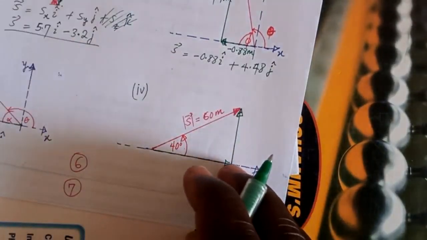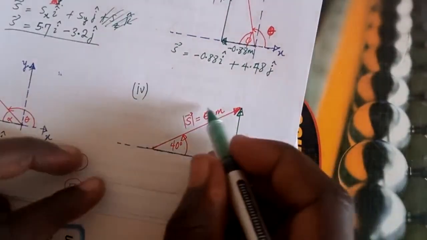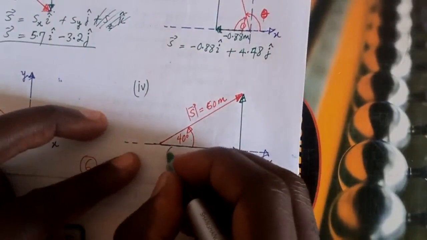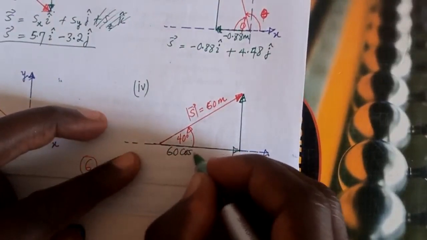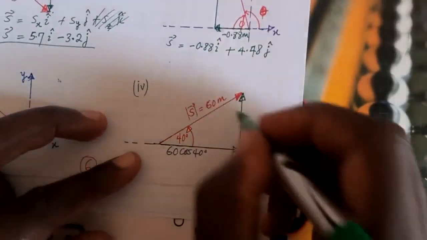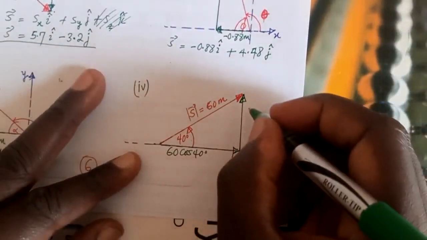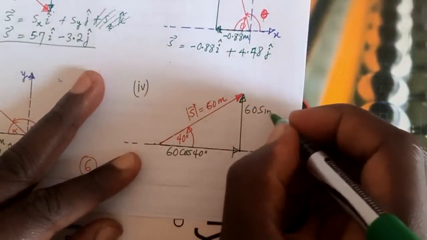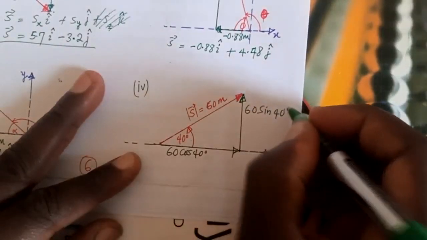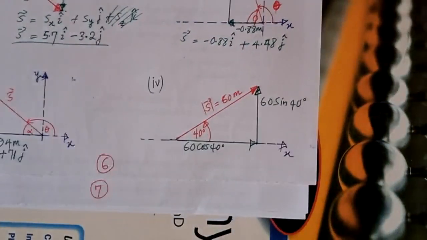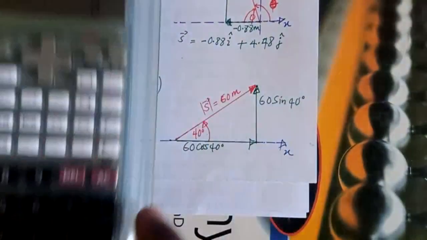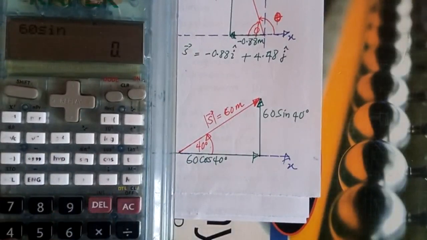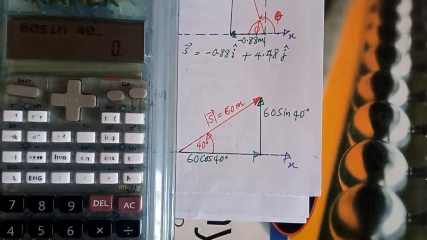For the horizontal component, remember we say you take the magnitude here and you multiply by the cosine of the angle you have here. So this is 60 cos 40 degrees. And for the vertical component, this is 60 again, sine 40 degrees. Now you bring your calculator, you open the calculator, 60, you press sine 40 degrees.